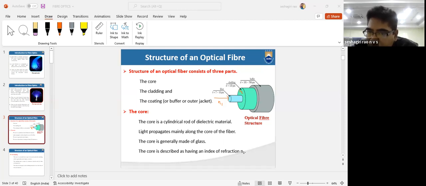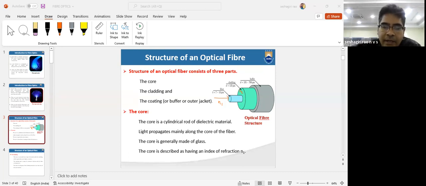The last one is that it is surrounded by a black jacket. That means there is a black layer, right? If you see here, this is the black part we have, with the core, cladding and other features inside. This is the black jacket on the outer surface of the cable.